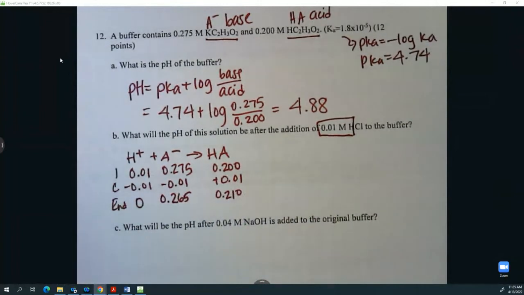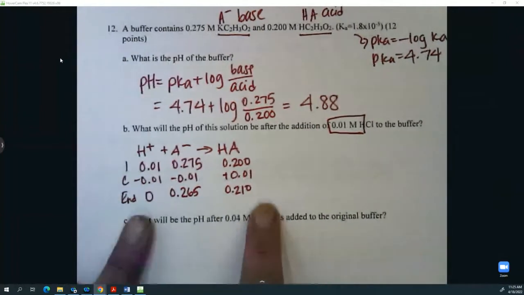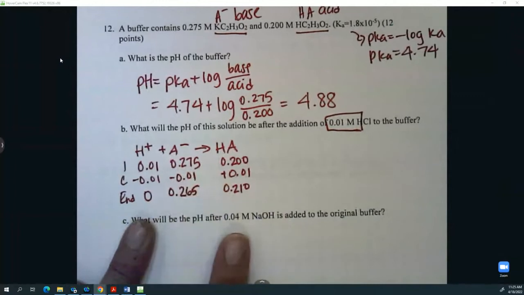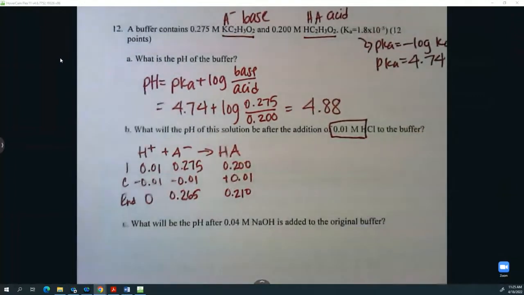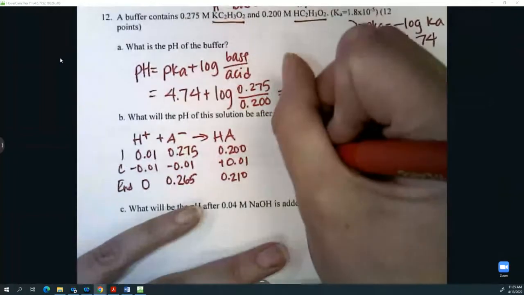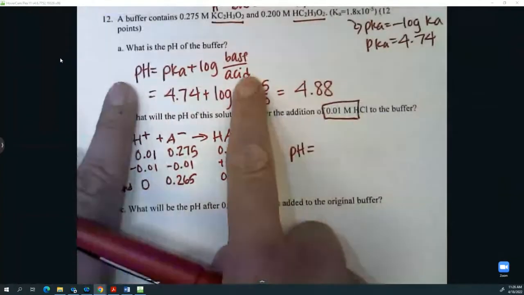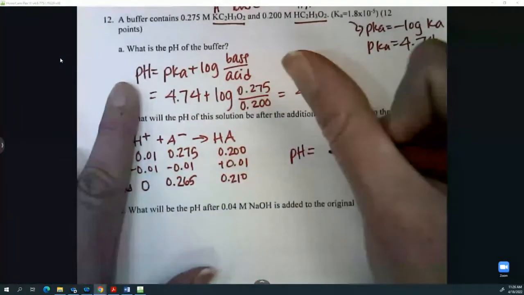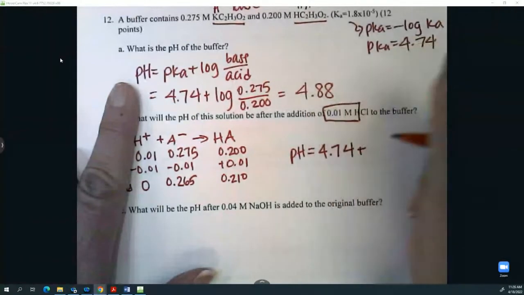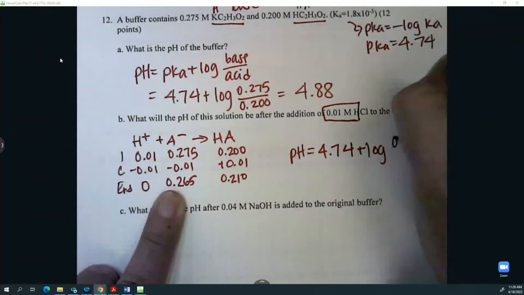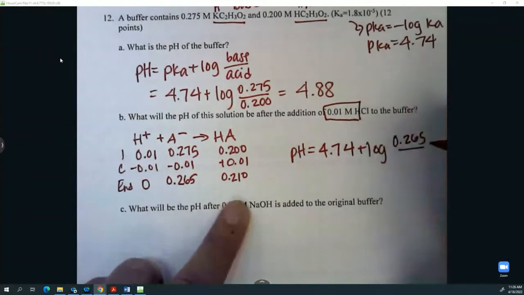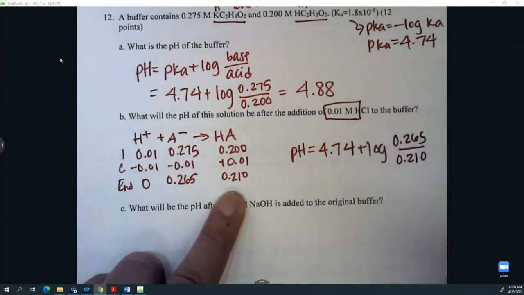Hopefully I did them adding and subtracting right. No shame in using a calculator, even though you're capable of doing this in your head, but the decimal places get weird, so feel free. And then I'm back to the Henderson-Hasselbalch equation. I plug in the same thing, but with the new numbers. So now for my base, I have 0.265, and for my acid, 0.210.